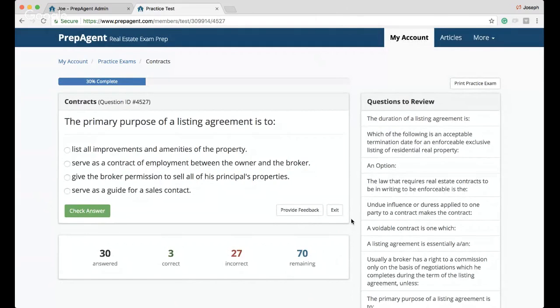The primary purpose of a listing agreement is to list all the improvements and amenities of the property, serve as a contract of employment between the owner and the broker, give the broker permission to sell all of his principal's properties, serve as a guide for a sales contact.